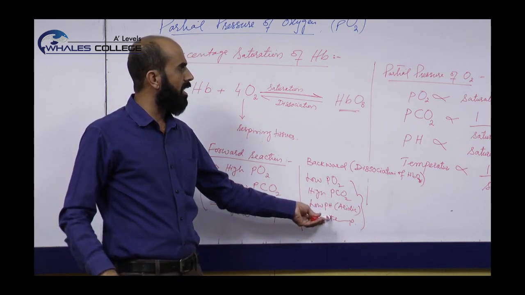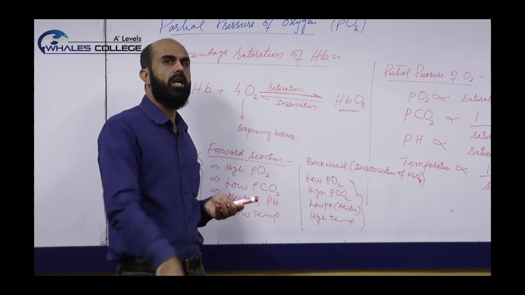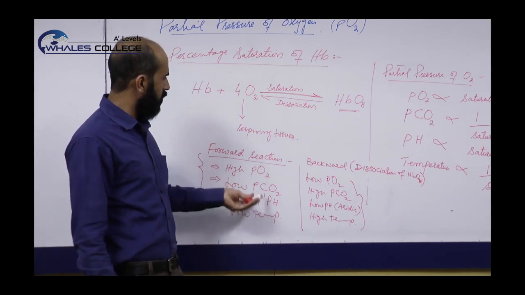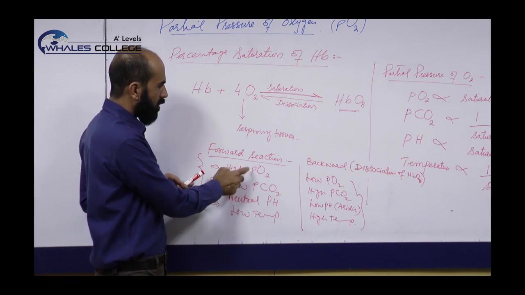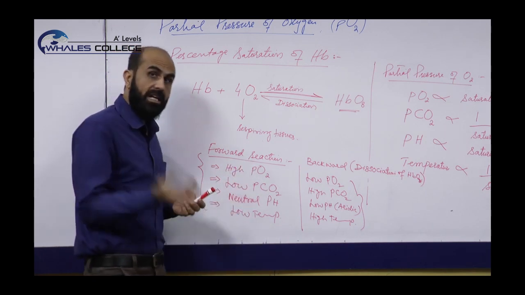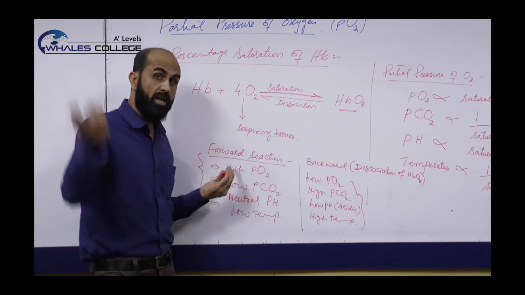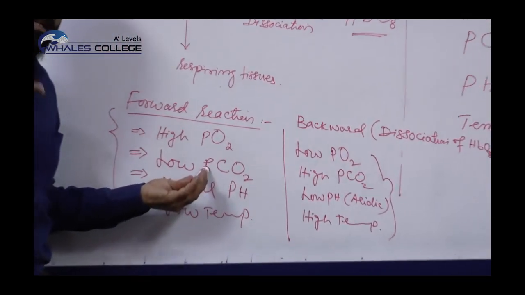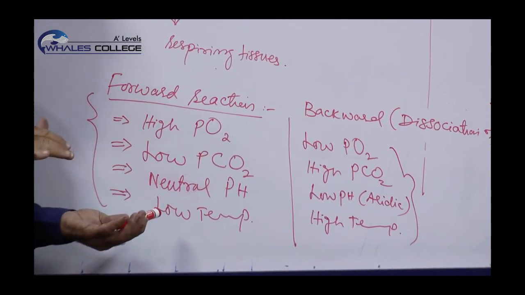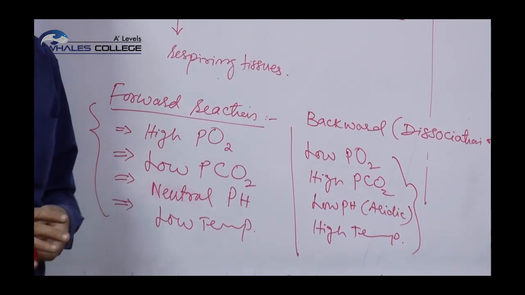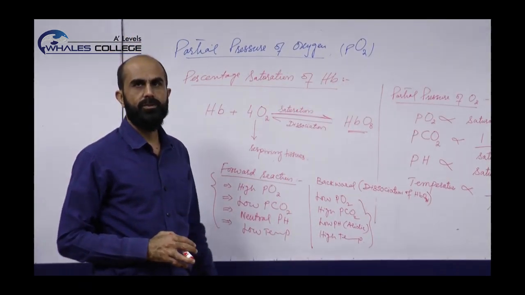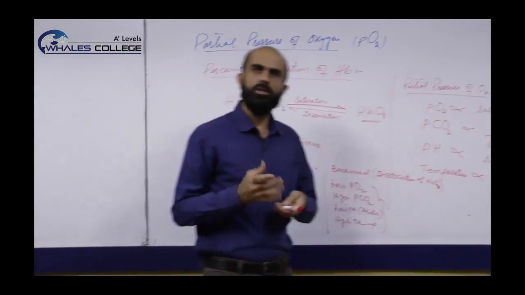So this enables the backward reaction, unloading of oxygen from the hemoglobin. And of course, you can see the opposite features in the lungs. In the lungs we have high partial pressure of oxygen, low partial pressure of carbon dioxide, neutral pH basically, and usually normal temperature. So these are the features. See you in the next video.